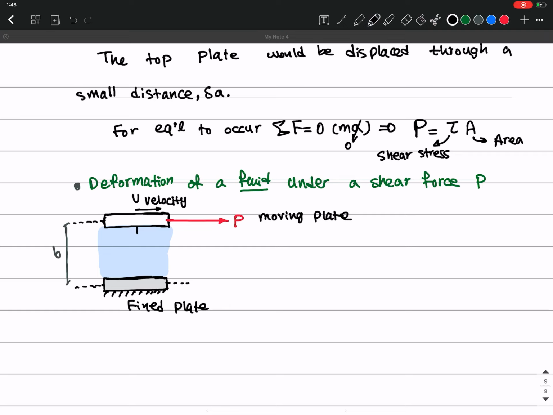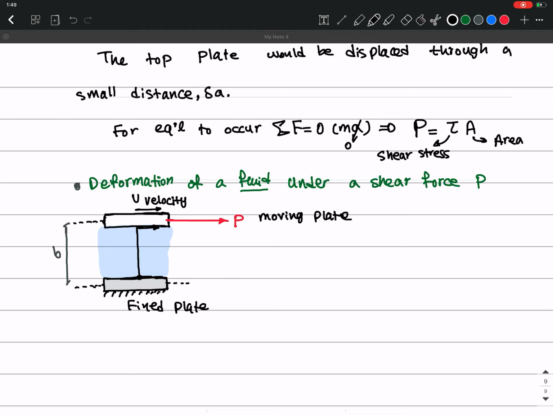The velocity at the top plate is going to be U, but the velocity at the bottom is going to be 0. Why? Because this is a fixed plate. The top plate is a moving plate and the bottom plate is a fixed plate. If I want to show the velocity profile in this fluid, it's going to be something like this.